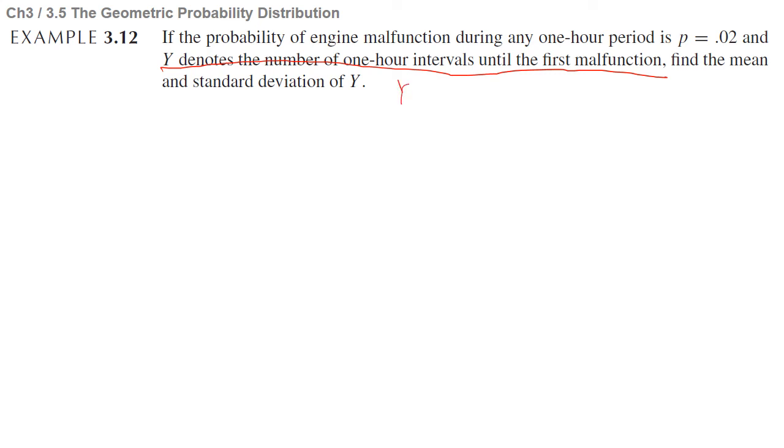Y denotes the number of 1-hour intervals until the first malfunctioning, and the probability of malfunctioning in a 1-hour period is this. Then Y follows a geometric distribution with parameter p equals 0.02, and we find E of Y and V, the variance of Y.